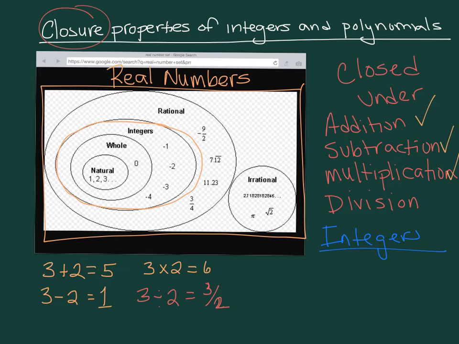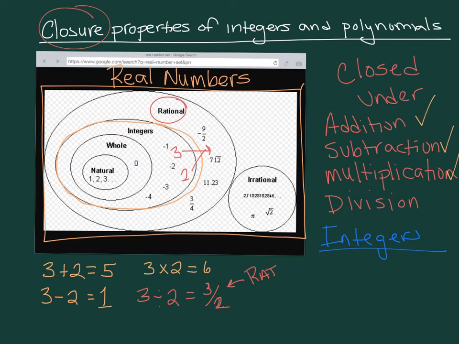As a matter of fact, 3 halves is a rational number. So it sits up here, which means I took the number 3 and I combined it with the number 2, and together those broke out of the integer set and fell into the rational set, which means it is no longer closed under that set.